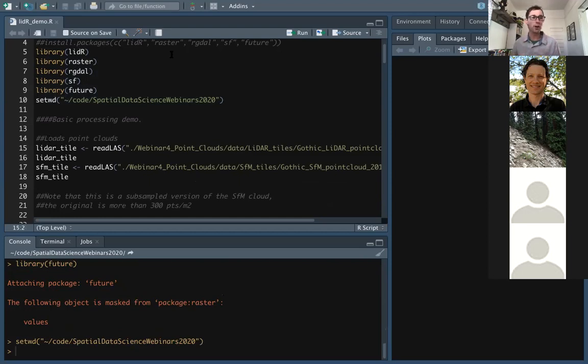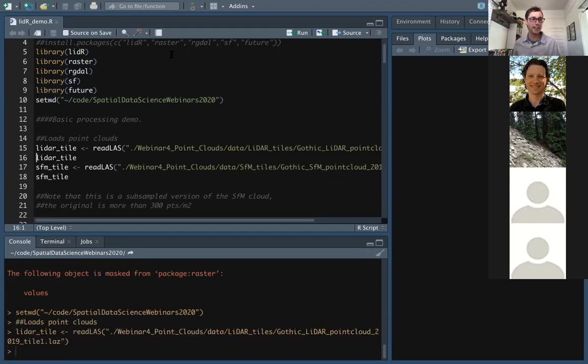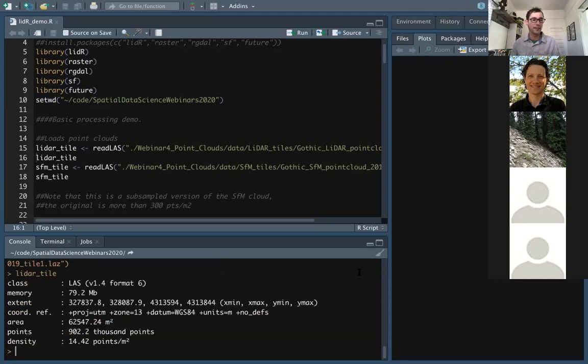The function here is called readLAS. It takes a couple of seconds, and then we've got this LiDAR tile. If I just type this object name into the console, LiDAR tile, it gives me a really basic summary of the data set.